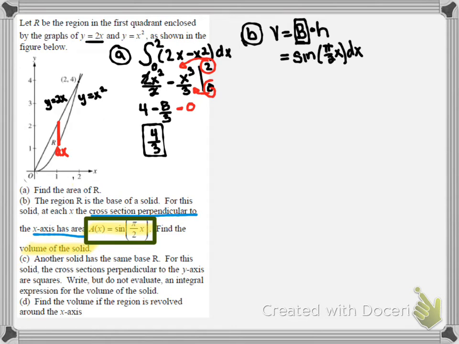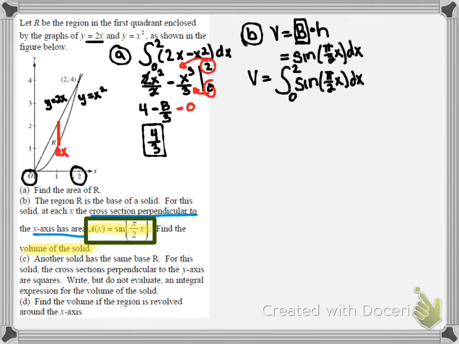So I already know what the area is. So to find the volume of all the figures, I'm going to have to do the integral because I'm summing the volumes of all the cross sections together. And since it's dx, once again, I'm going to be going from 0 to 2.